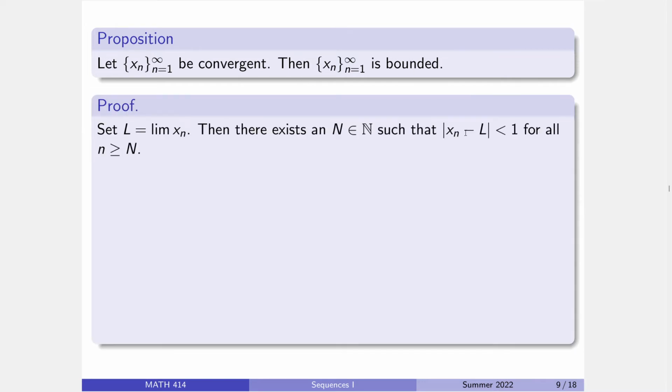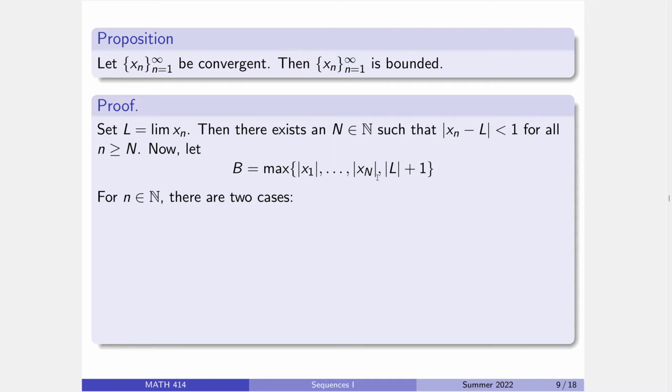Then at some point the sequence gets within 1 of L. So that means if I let B be the maximum of all of the absolute values up until the point that we get close to L, and then throw in an absolute value of L plus 1, well, now for any n there are two possibilities.